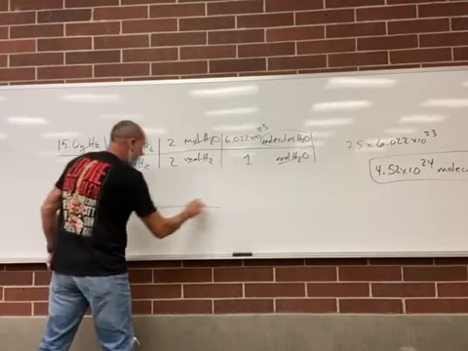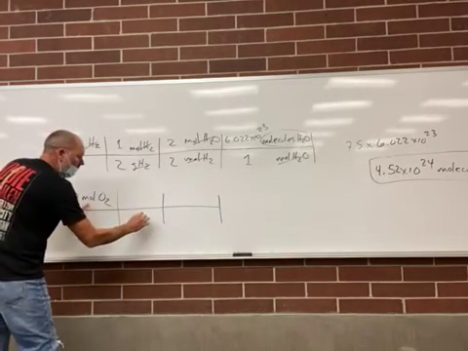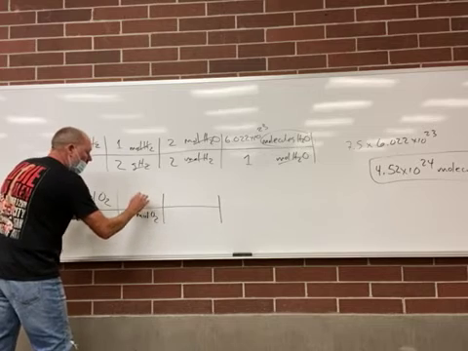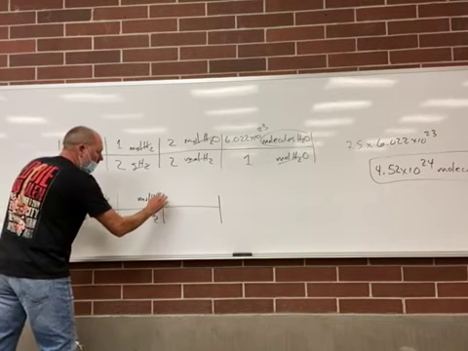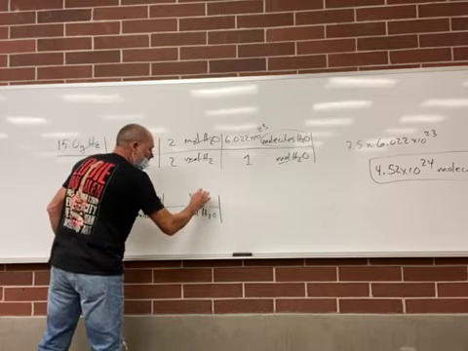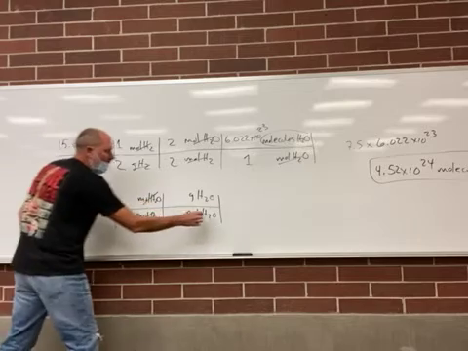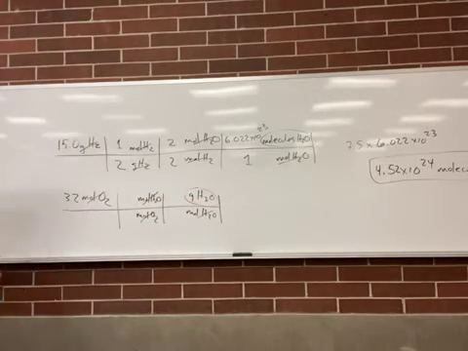I'm going to have 2 equivalencies. 1, 2. Moles of oxygen down here. Moles of water here. Moles of water here. Oh, grams of water here. Again, everything should cancel nicely, and it does, left with what I'm asking.